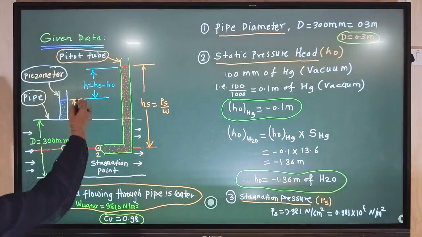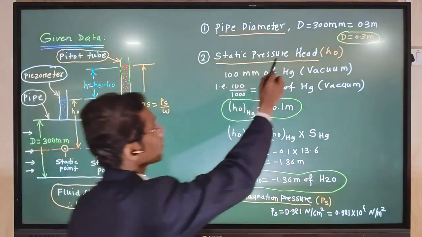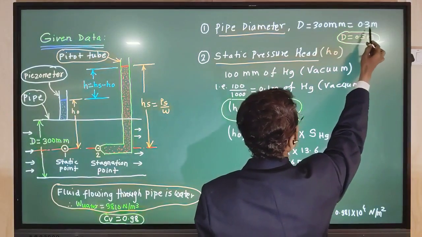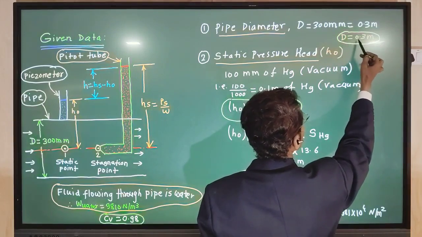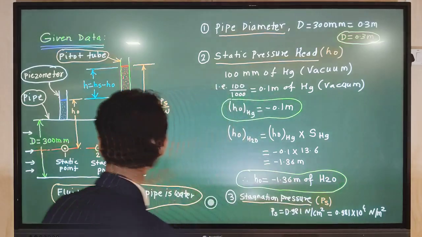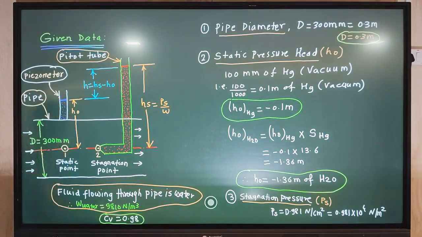So let us elaborate this data with the help of a diagram. Here is a schematic diagram of a Pitot tube. This is a pipe flow. Pipe diameter is given, D is 300 mm. For the calculation purpose, we convert that into meter, so D is equal to 0.3 meter. On the pipe, to measure the static pressure head, here is a piezometer fitment.